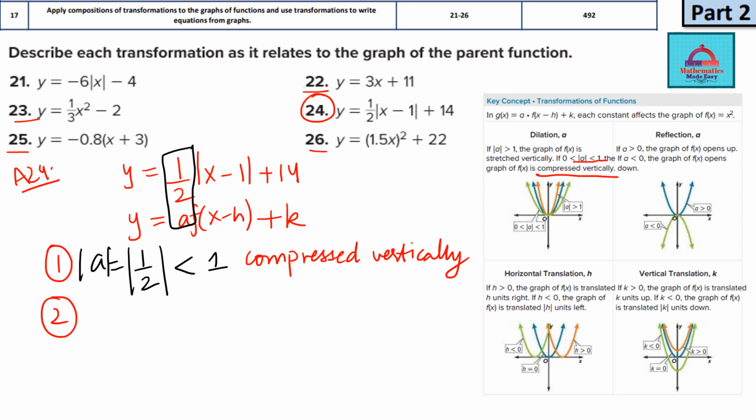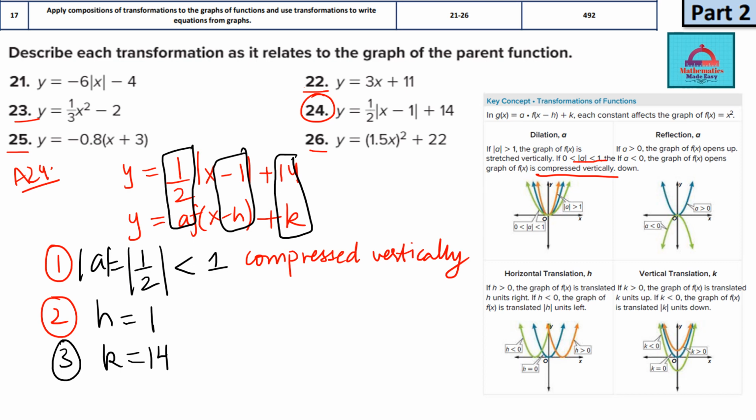Second, we have to compare the values of h and k. So if you see, h here is 1 and k here is 14. So h is representing horizontal translation, so it's happening on the x-axis. So it will move right by 1 unit. If you want to go to the graph and see, this is the correct answer.